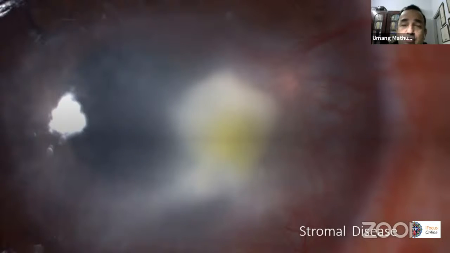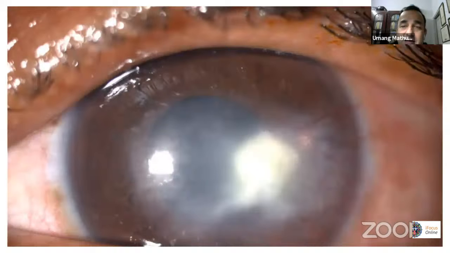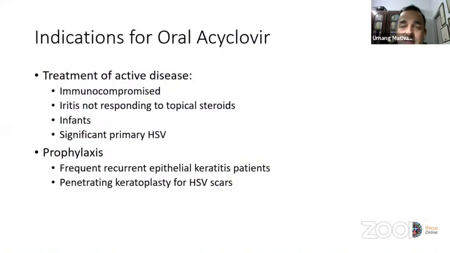And now there is a stromal disease, right? With these blood vessels. Eventually the patient heals with oral acyclovir as well as some topical steroids. So sequelae of HSV are very common with stromal disease, and so these patients keep coming back to you in the clinic.